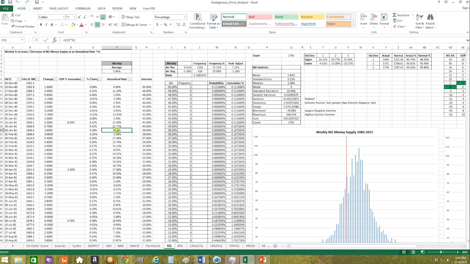This will be very, very good for you in terms of your overall learning, because once you know how to do this backwards, and you can do it on autopilot very easily, you'll be able to apply this to anything. So you'll be able to download economic data on any type of indicator and look for a distribution of returns, and look for trend, look for fundamental trend, look for normal trend, look for abnormal trend.